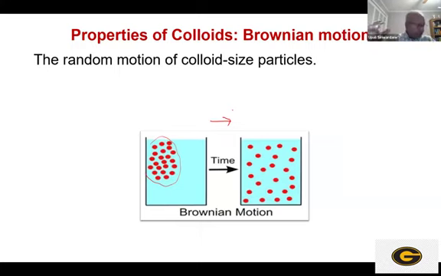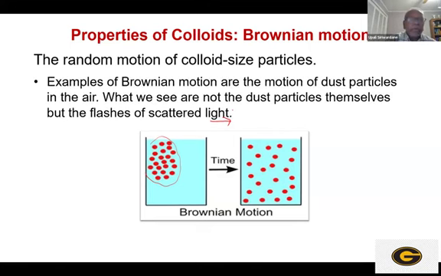They don't get separated into the bottom or one place. An example of Brownian motion is the motion of dust particles in air. If there are dust particles in the air sample, when you shine a flashlight, you can see them.